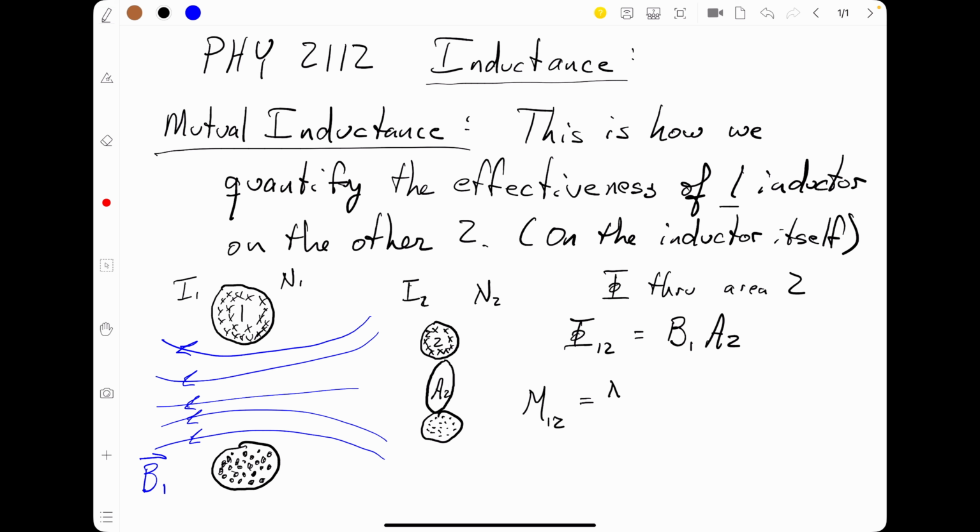So I'm going to do N2 and the phi 1, 2. And we're going to divide out by I1. Okay, how does this come about?